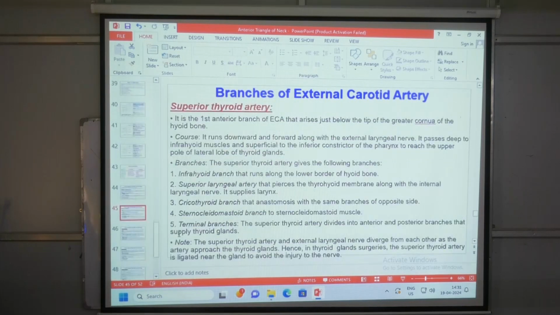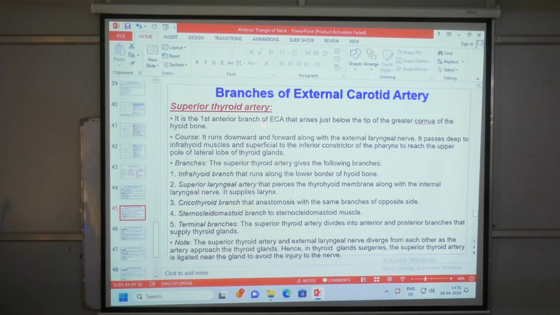Okay. Next, we go to superior thyroid artery. From the name, you can know it is supplying the thyroid gland. So it is the first anterior branch of external carotid. Previous one was medial branch, ascending pharyngeal.